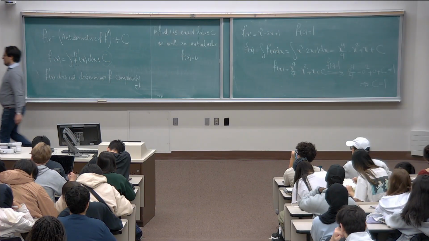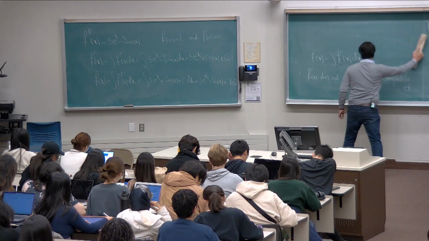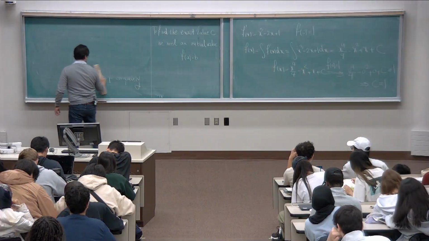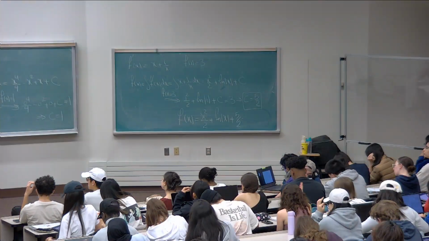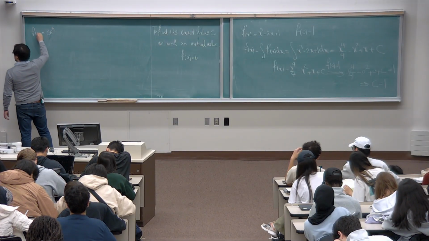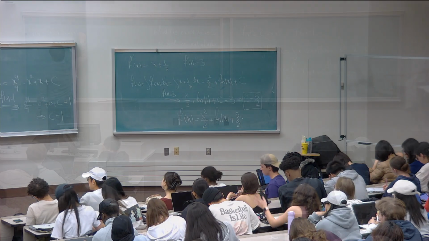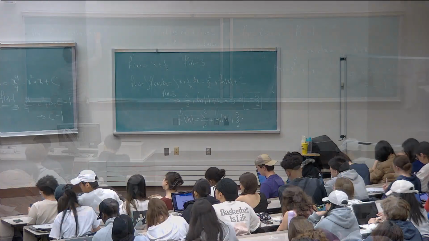Now, my function has the form given: 3e to the power x plus sine x plus cx plus d.